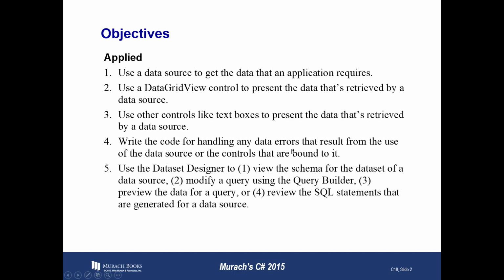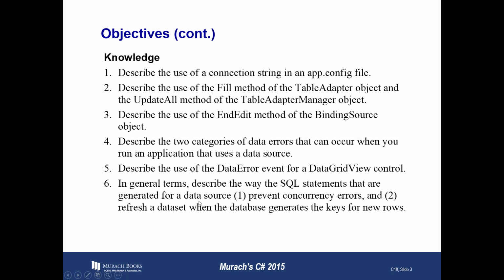Write code for handling errors that result in the use of a data source. Use the Dataset Designer to, first, view the schema for the data set of a data source. Second, modify a query using the query builder. Third, preview the data for a query. And fourth, review the SQL statements generated for the source. Those are our applied objectives.